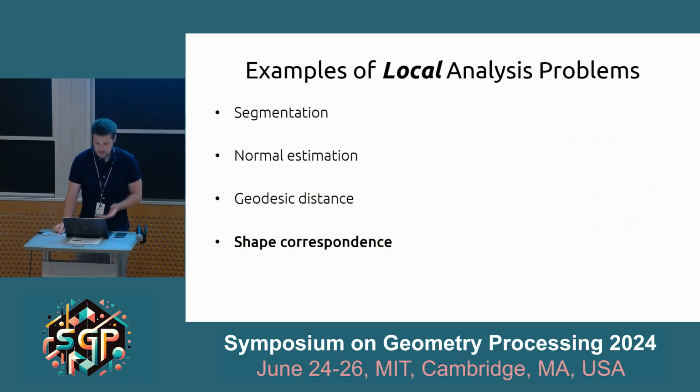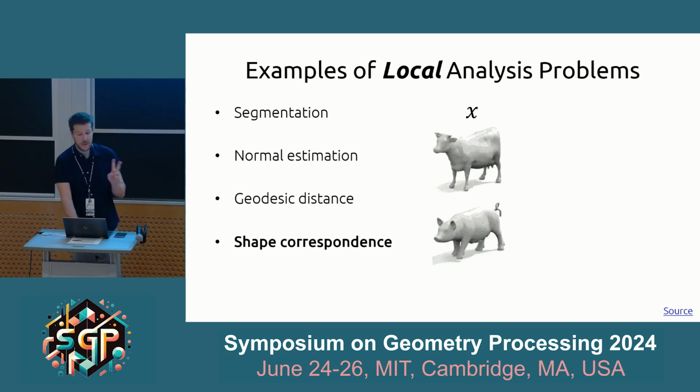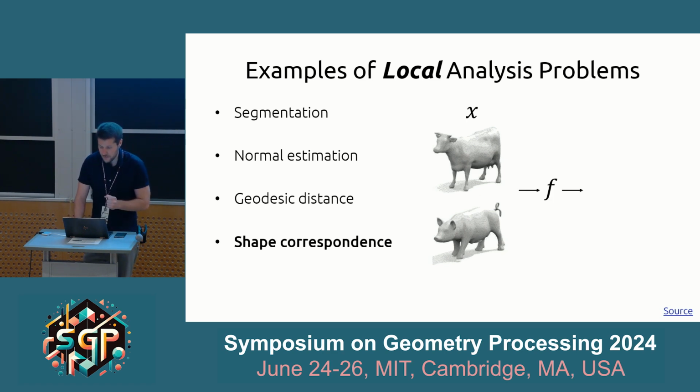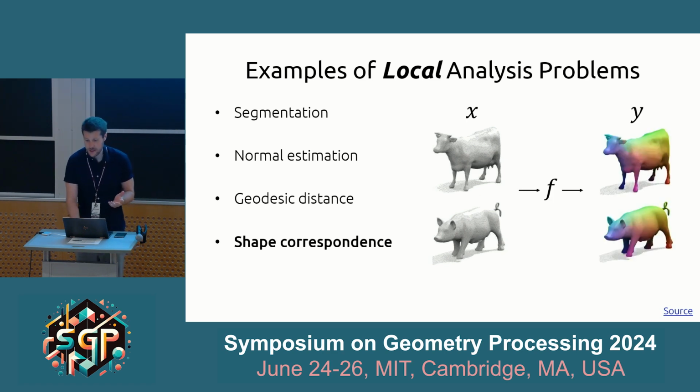Another example that often comes up is shape correspondence. Again, in this case, we have a slightly different input: our x is going to be two shapes, not one. If we pass these two shapes through our function, what we'd like to have as output is, again, a continuous field of values across the shape, such that where on these shapes there is the same color, that indicates that these shapes are roughly in structural correspondence with each other.